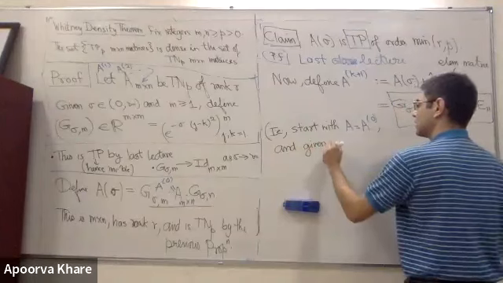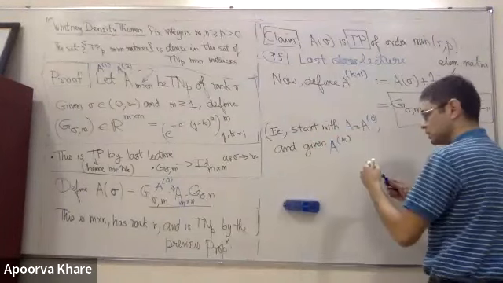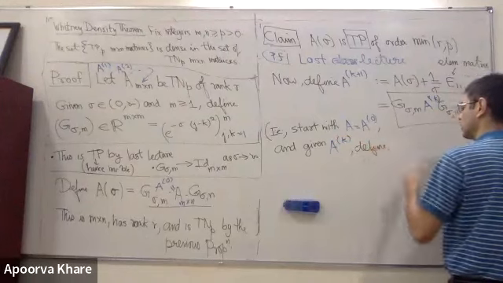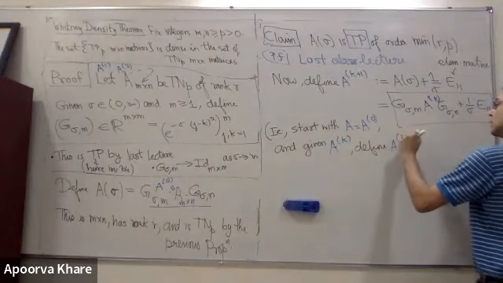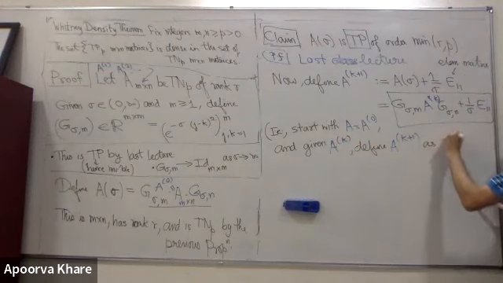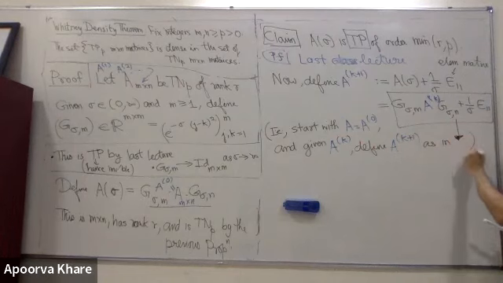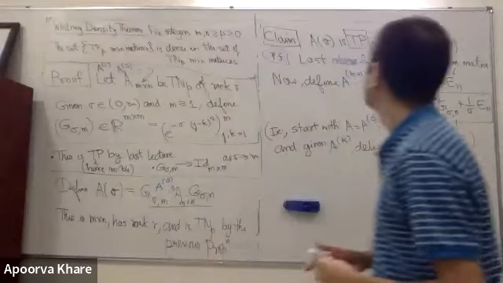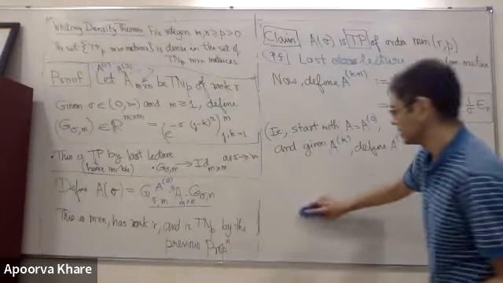Given AK, for K bigger equals 0, define AK plus 1 as above. Do this for every K. Anyway, that's what the plan is.